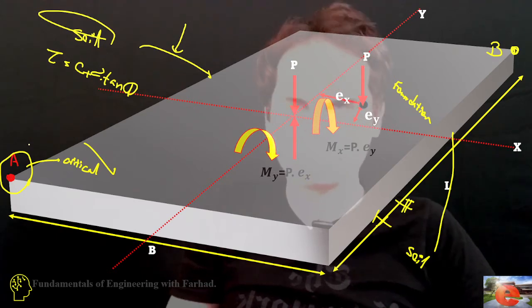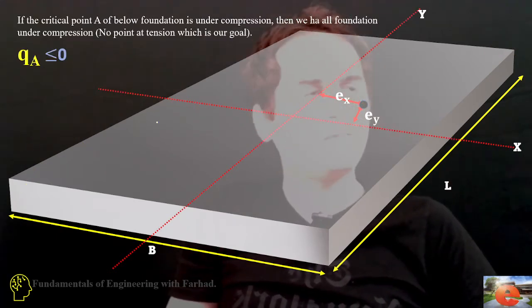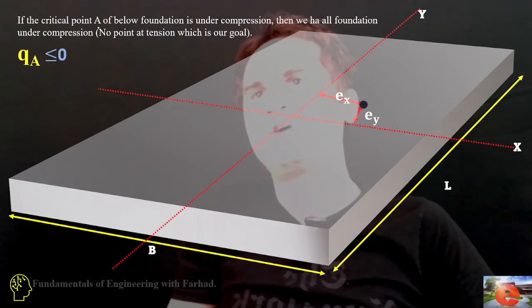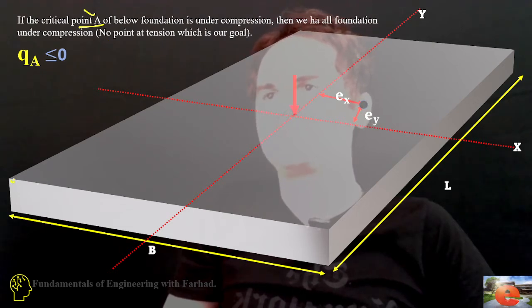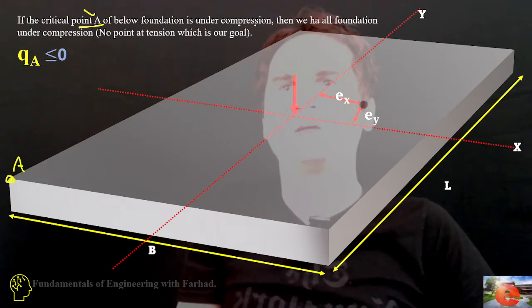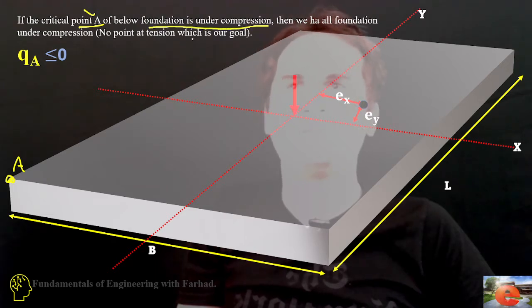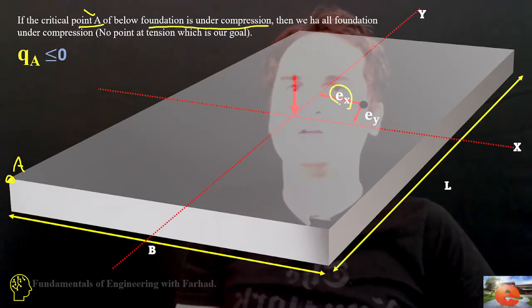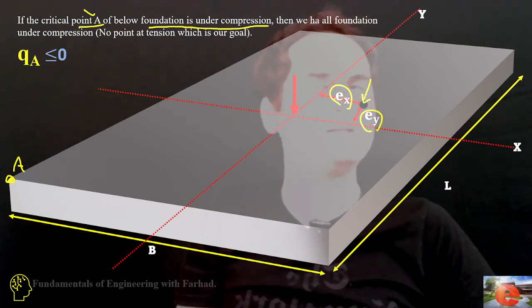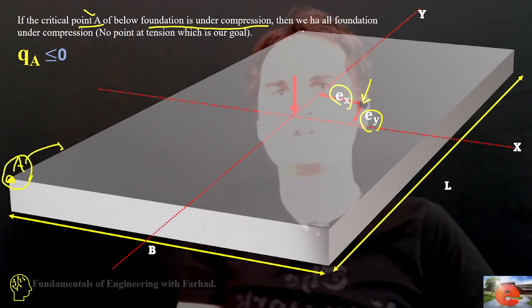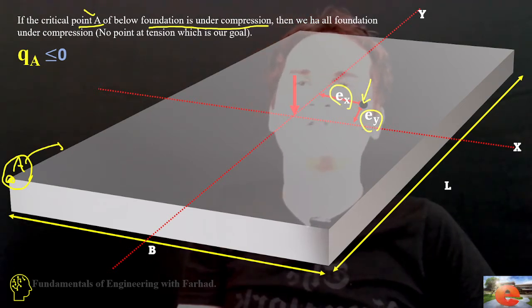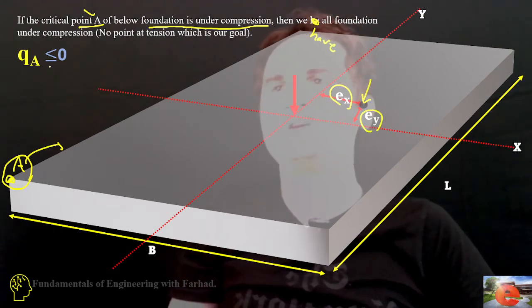Let's see how we can approach the problem. The critical point, which we already talked about, is point A of this foundation. If we design our problem in a way that we locate force P at a distance such that point A is under compression, then we have the whole foundation under compression.